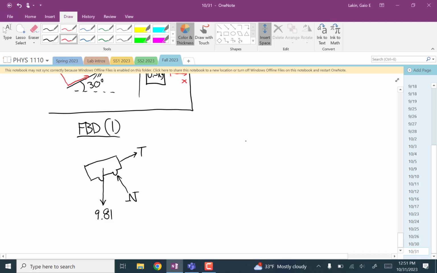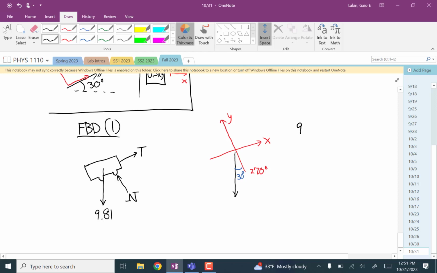To represent the weight force in this rotated coordinate system, this is the 270 degree line. This angle is 30 degrees. And so the angle from the positive x counterclockwise to the vector is 270 minus 30.